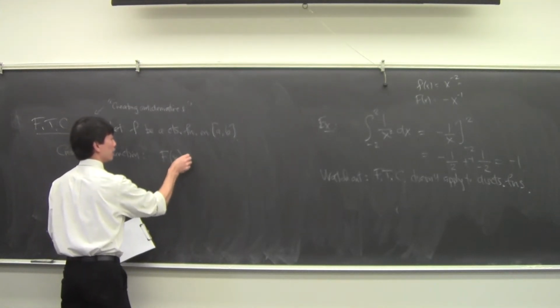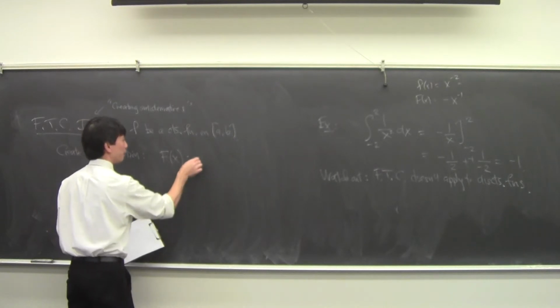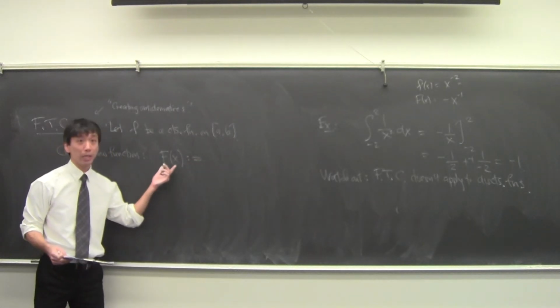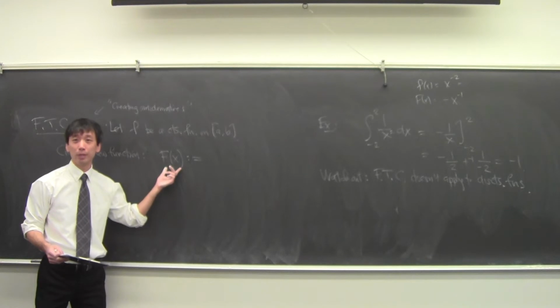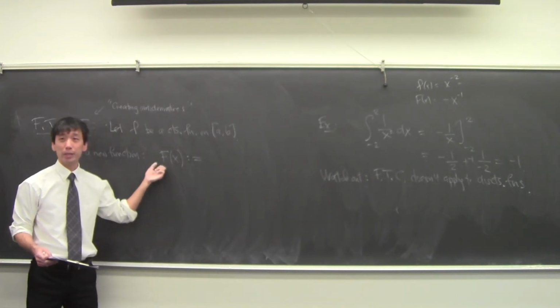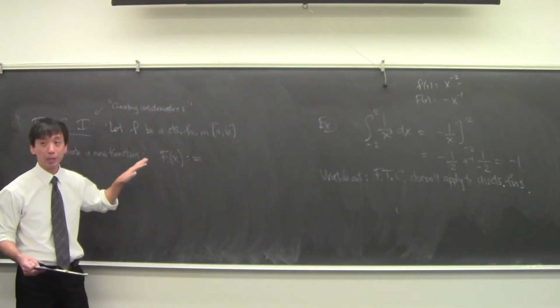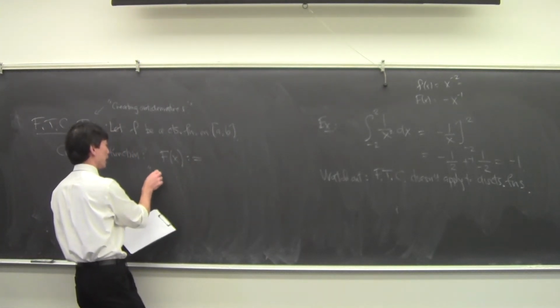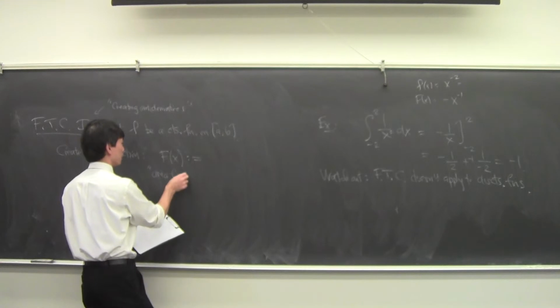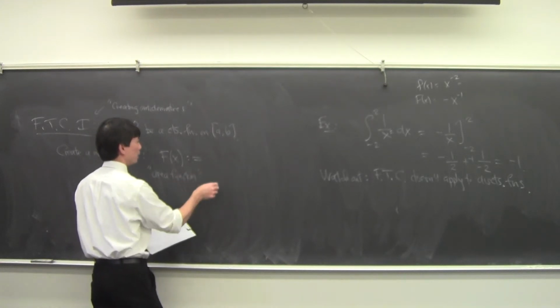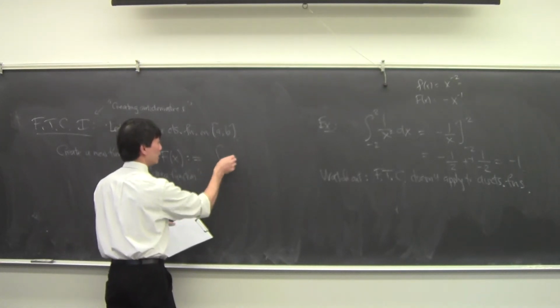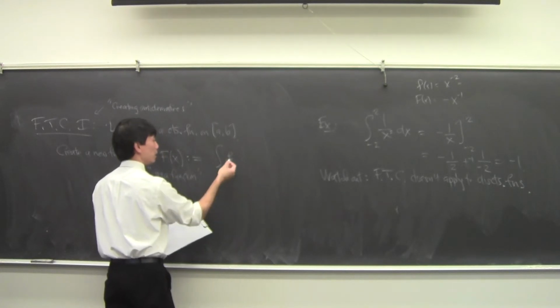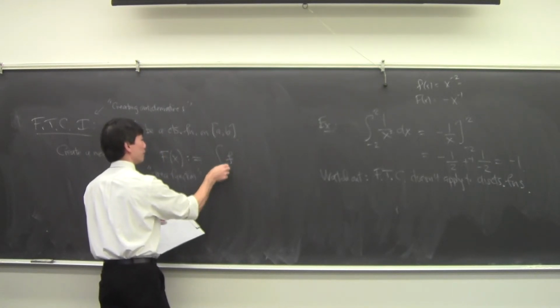We're going to call it big F because we're going to see that this guy's an antiderivative. We don't know that yet, but we're going to see that it's an antiderivative. So we create this new guy. We'll call this guy the area function. And the way we define him is by integrating the little f from a to x.